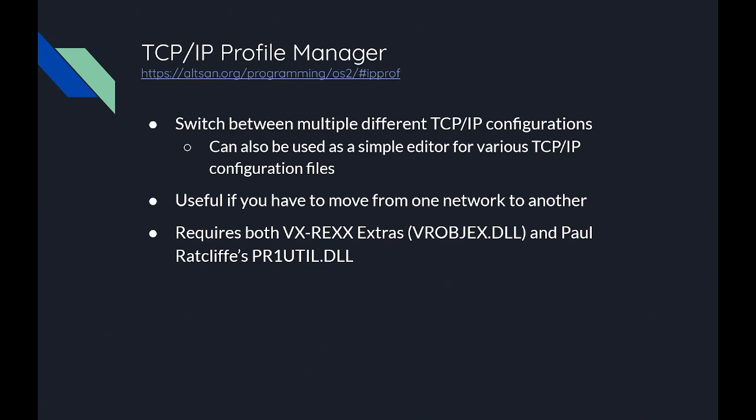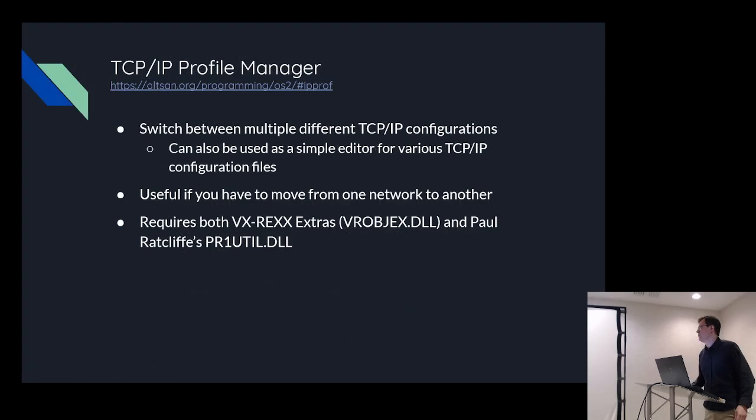If I have a static address that needs to be such and such on one network and then switch to another network where my static IP address is going to be something else, I can create a profile for that. So this one requires a couple of Rexx libraries, including pr1util.dll, because it essentially includes the same logic as Flush IP.